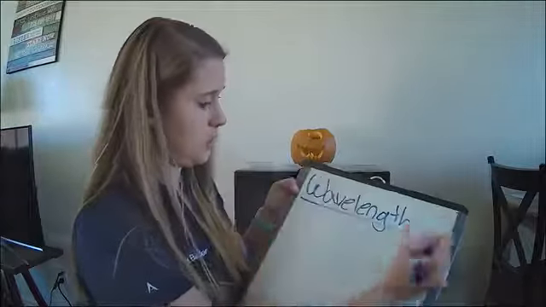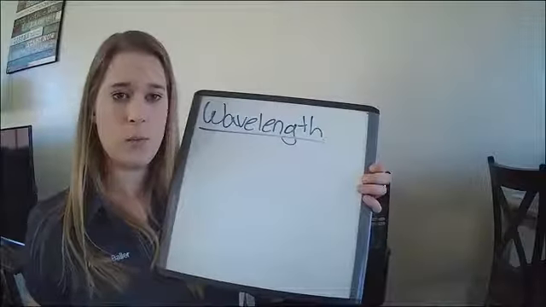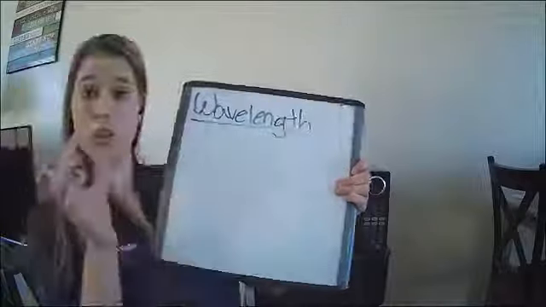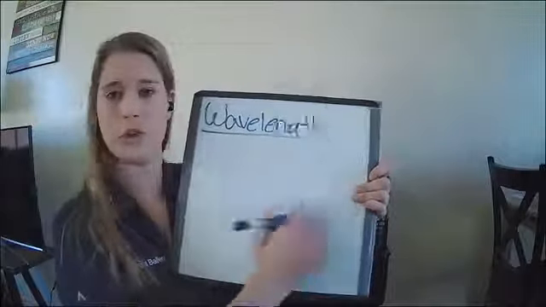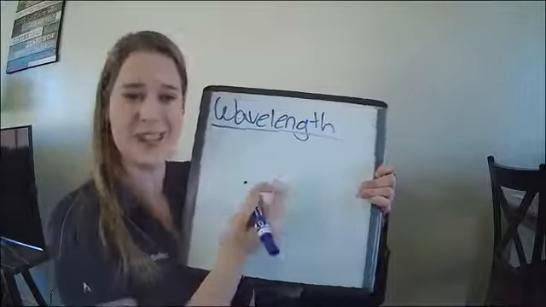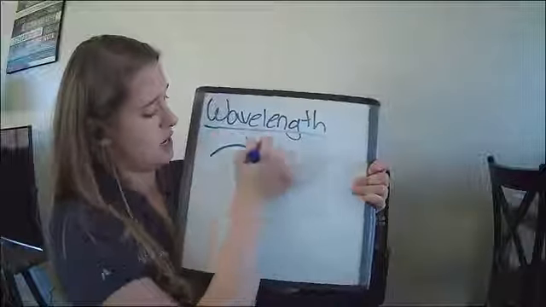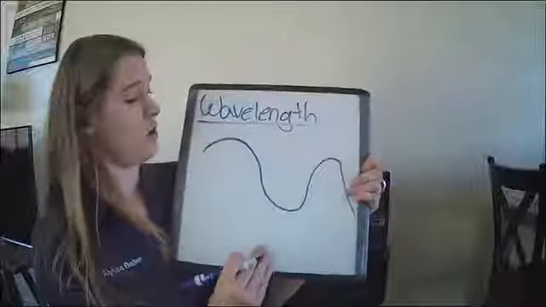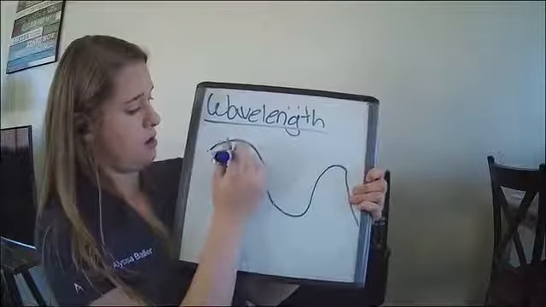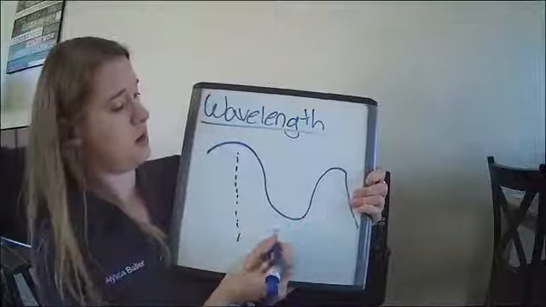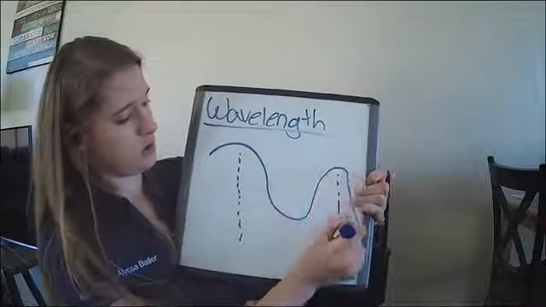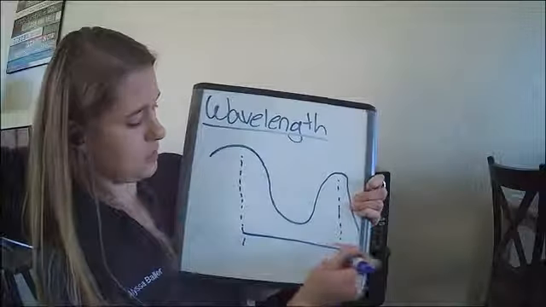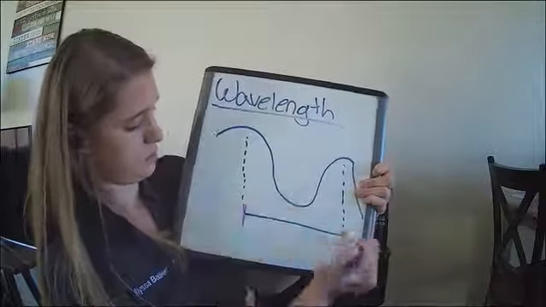Okay, so wavelengths. We are going to draw just one little portion of that whole spectrum, that really rough spectrum that I was drawing. We're just going to do a nice little loop-de-loop. So we're going to take right here from this peak, and we're going to go all the way to the next peak, and that is called a wavelength.